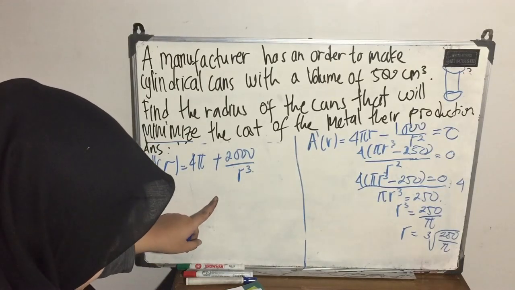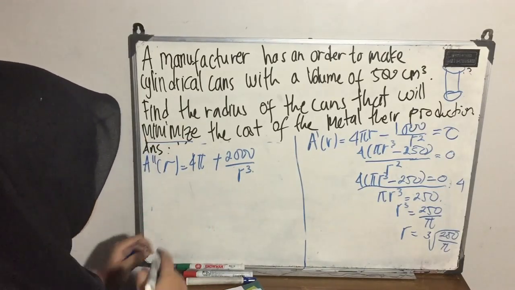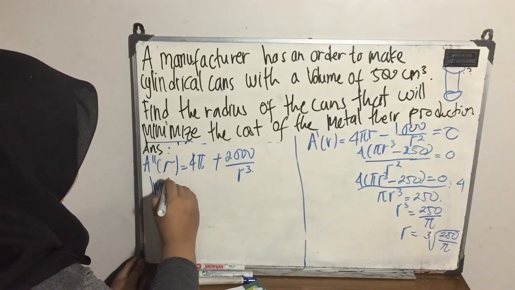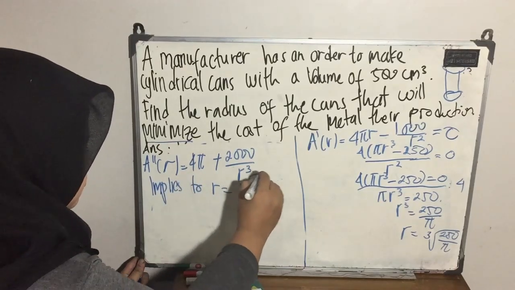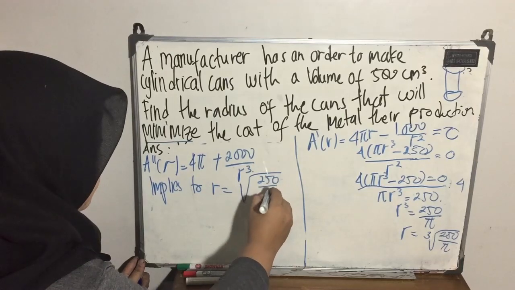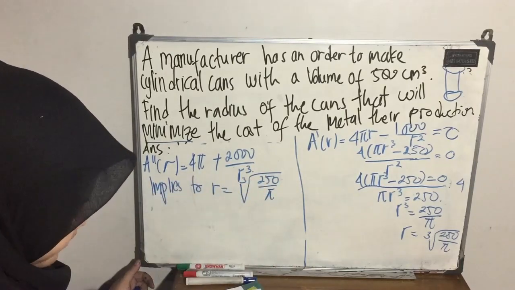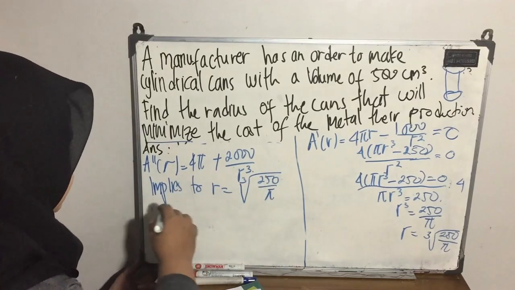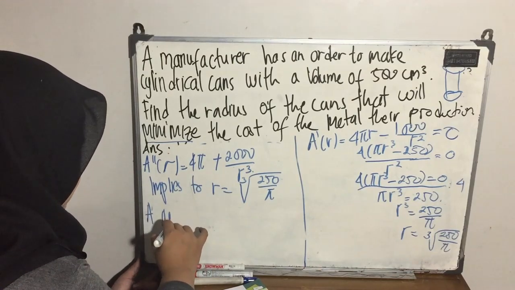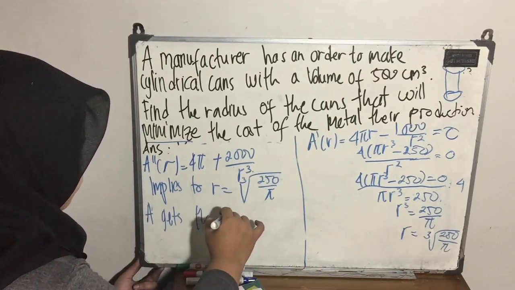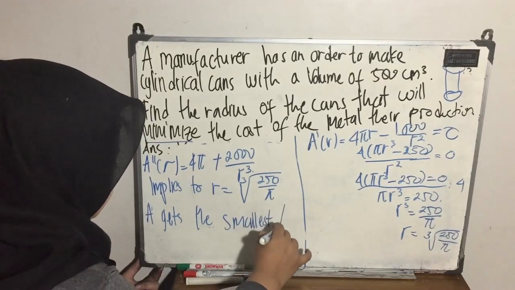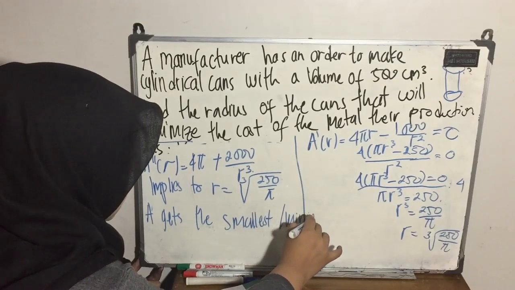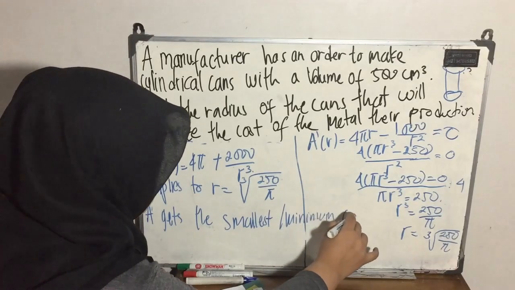So this one implies 2R equals 200 over P cubed, and we get the smallest or minimum cost.